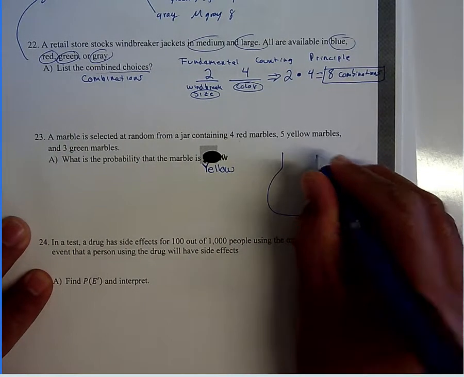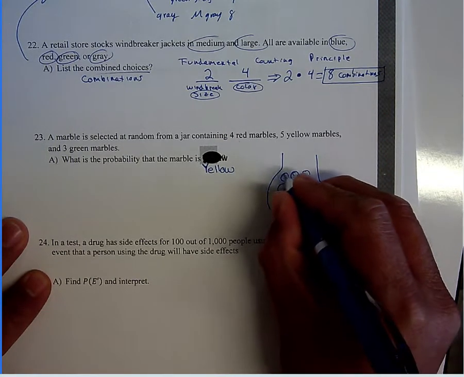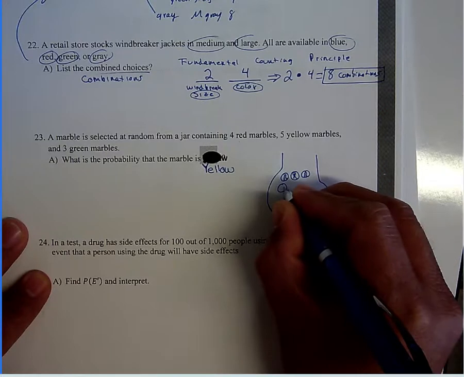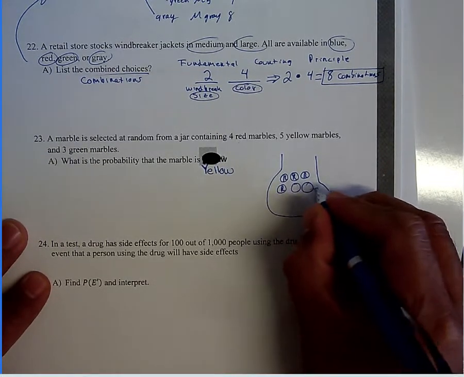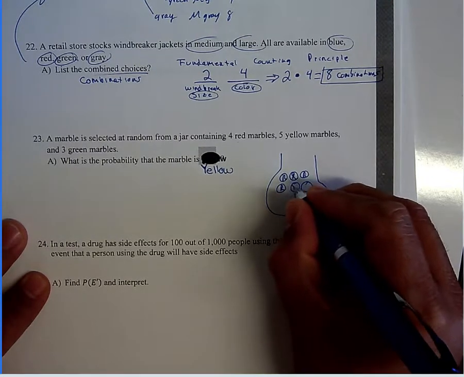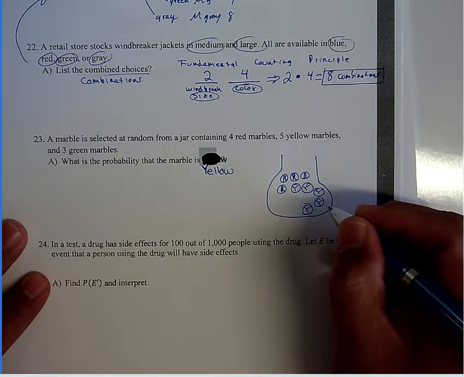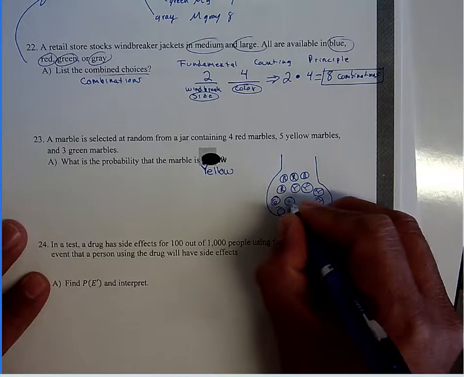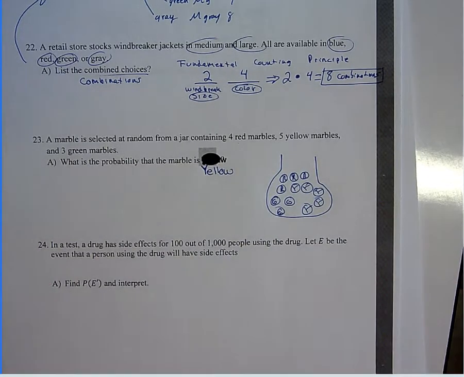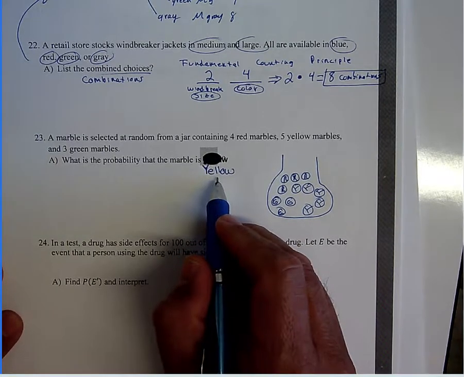We have 4 reds, and then we have 5 yellow, and we have how many? 3 green. Green, green, green. And they're asking what is the probability that a marble is yellow.